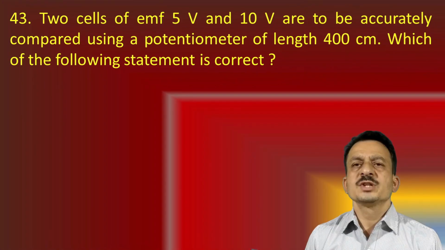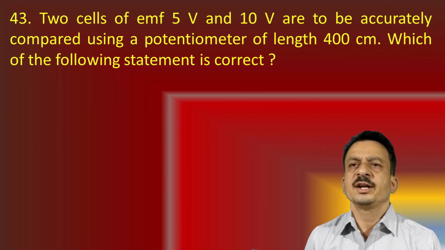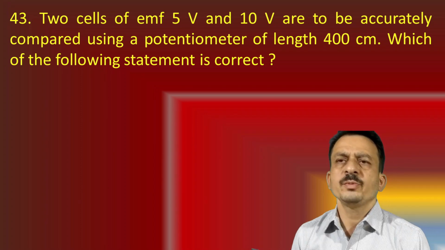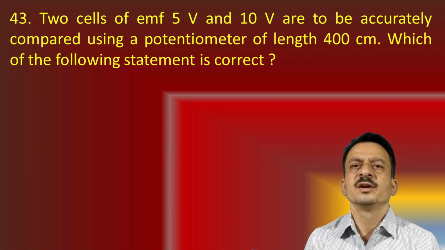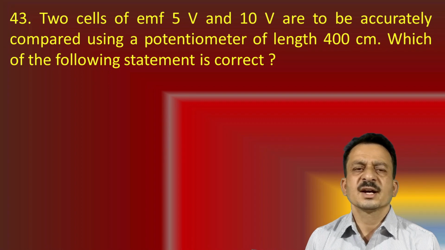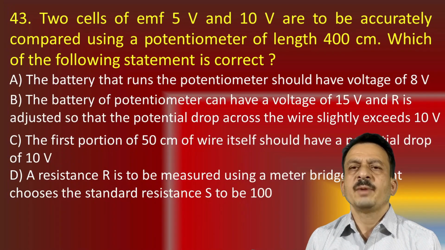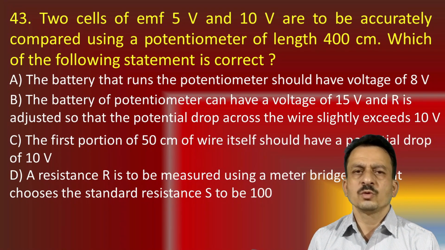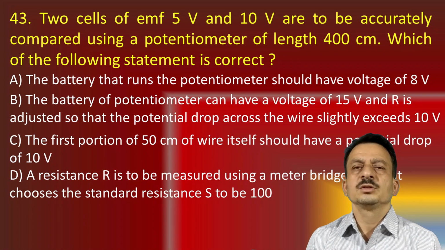Next problem. Two cells of EMF 5 volts and 10 volts are to be accurately compared using a potentiometer of length 400 meters. Which of the following statements is correct? A. The battery that runs the potentiometer should have a voltage of 8 volts.